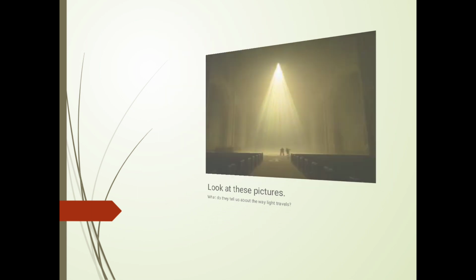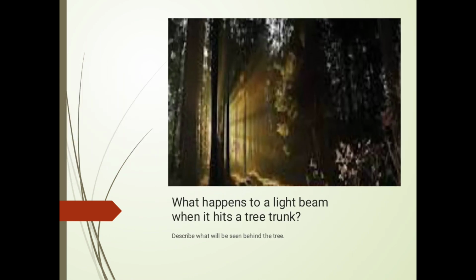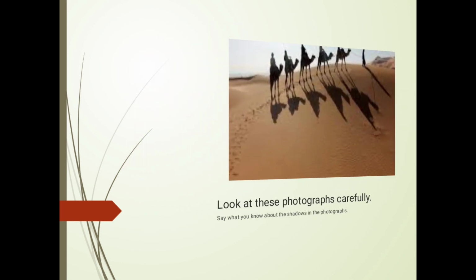And then another picture here is showing light rays. You notice well that this tree is covering the sunlight. It's trying to cover it. So what has been formed there is called light rays.